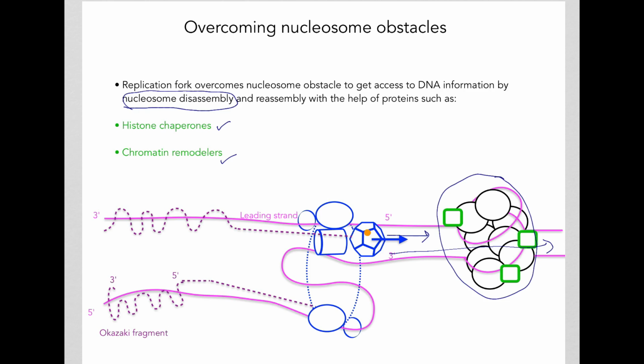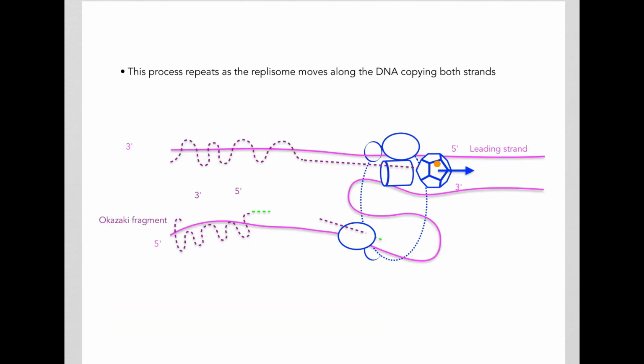Once the replication fork leaves the area, these proteins will reassemble the nucleosome. So this process we just discussed will keep on repeating as the replisome moves along the DNA. It will copy both the leading strand as well as the lagging strand.